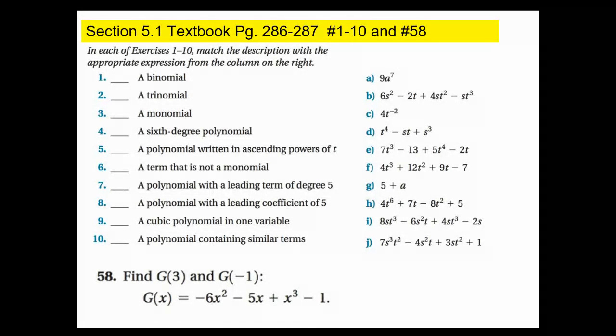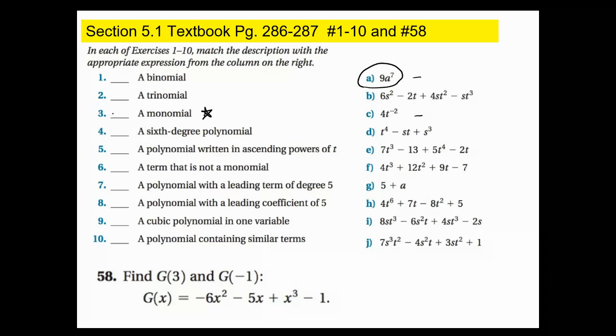So remember a binomial, look over here, which one has 2 pieces? Trinomial, which one has 3 pieces? This one's a little confusing for the monomial. Is it A or is it C? So I just want to clarify that for you.